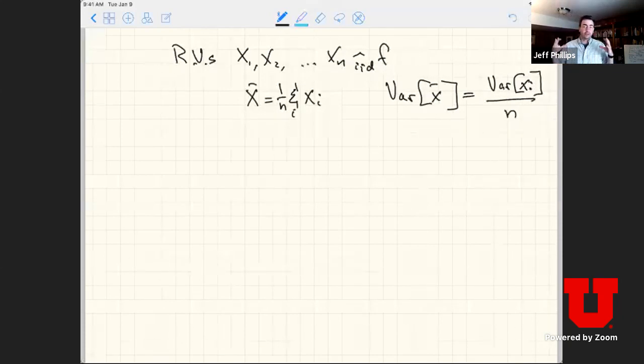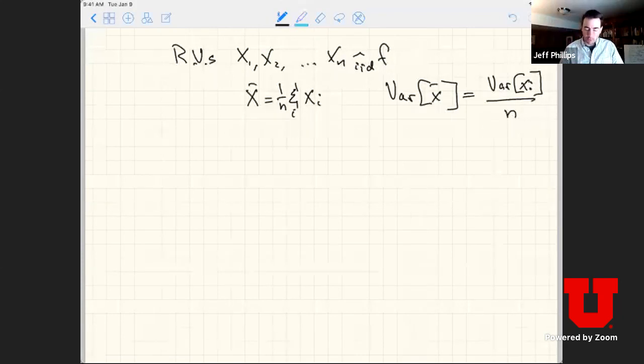You can also see this by working out the definition, the linearity of expectation, and how scalars factor out by taking their square. So the variance decreases by a factor of n as we average more of these things together.